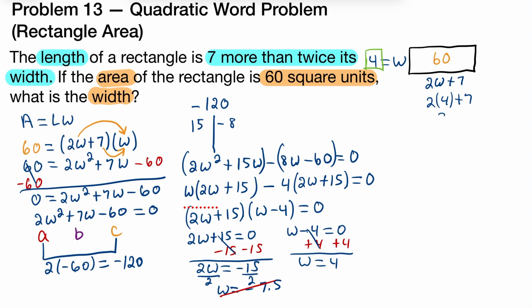And 2 times 4 is 8, plus 7 is equal to 15. Meaning that the length is 15. And that is true because when you multiply the length times the width, 15 times 4, that gives you the area of 60. And that's how you solve a quadratic word problem step by step using the AC method.